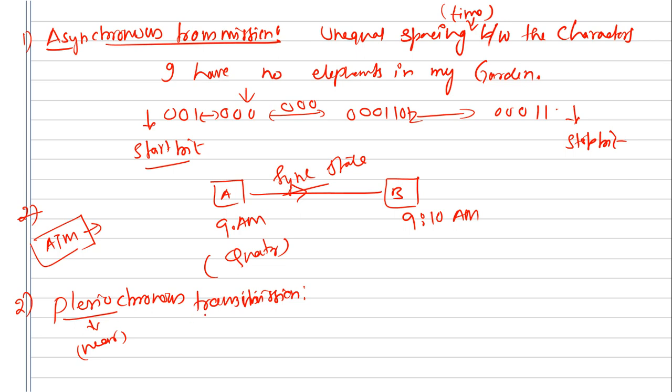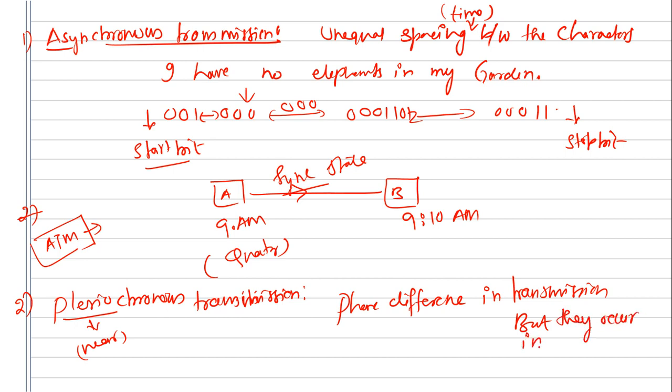So the digital transitions in signals occur not fully synchronously, but they are happening at the same rate. So there may be a phase difference between the transitions in two signals in transmission, but they occur at the same rate.